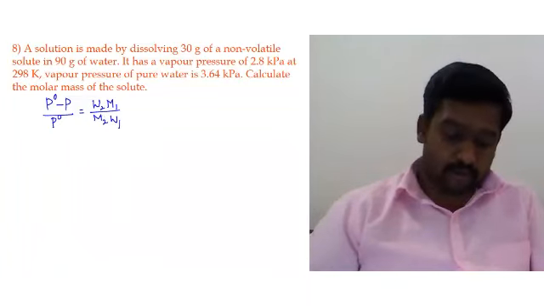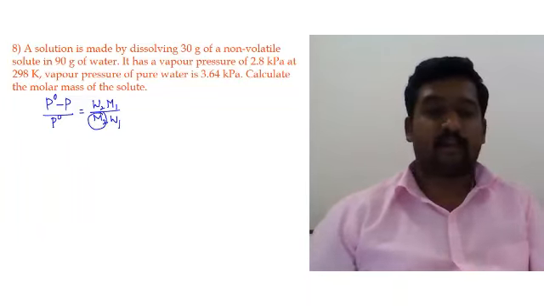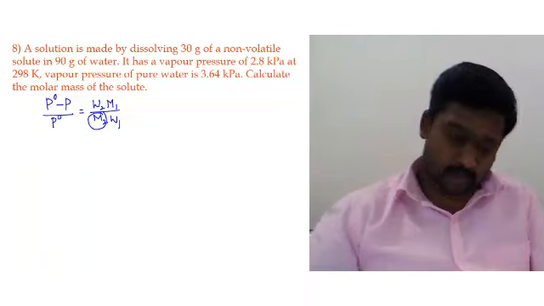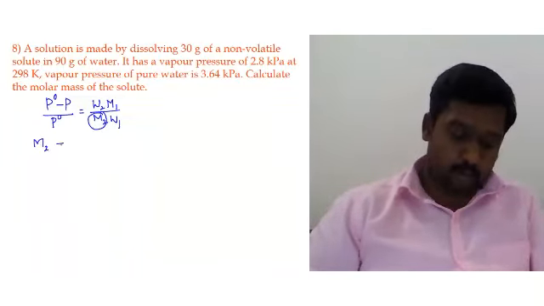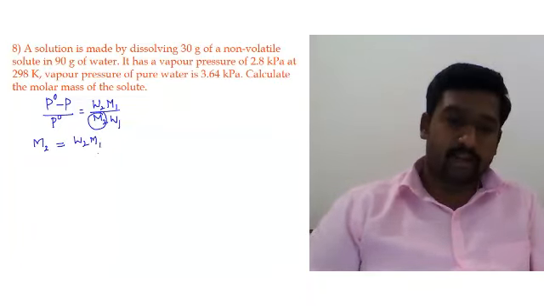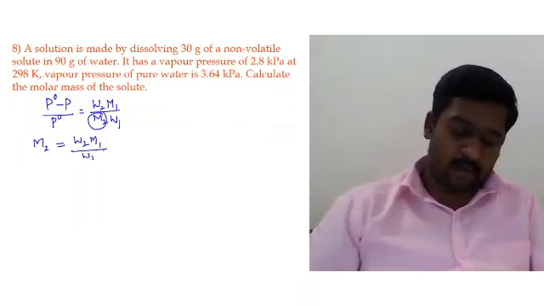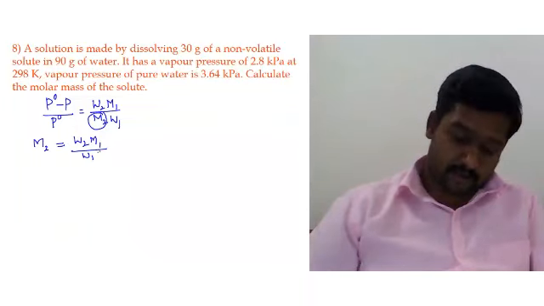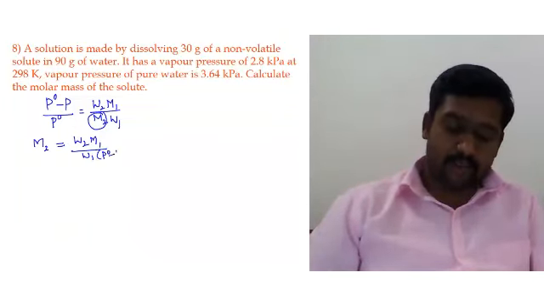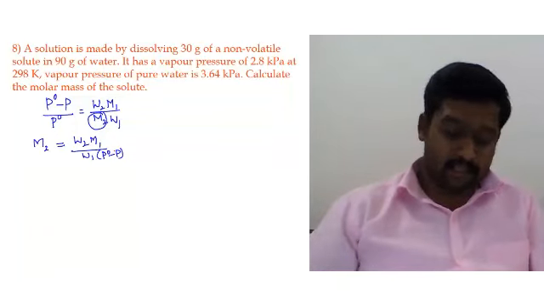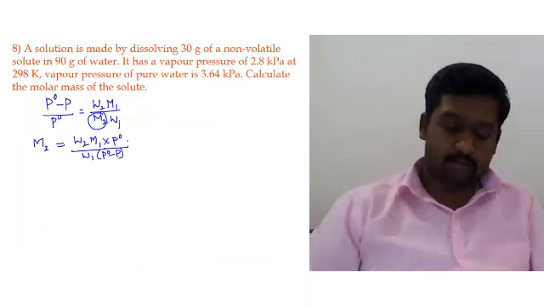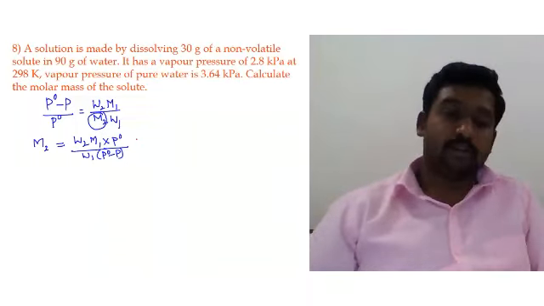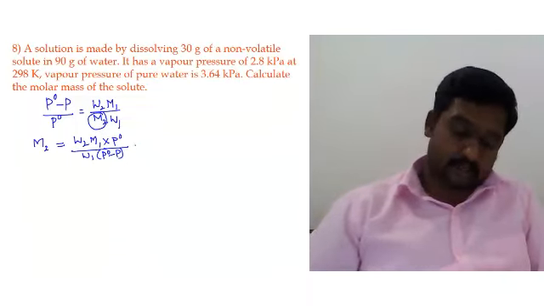In this problem, we want to calculate the value of M2. So, I will simplify this expression by cross multiplying M2 to LHS, which gives W2 M1 by W1 into P0 minus P. And in the numerator, the term cross multiplied will be P0. So these are the terms that I need to substitute.